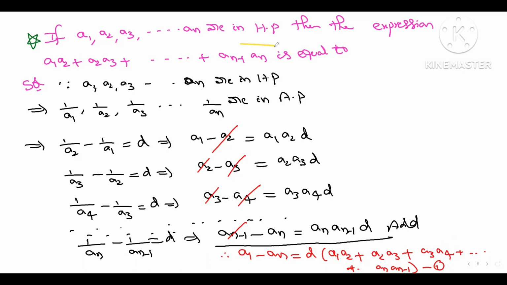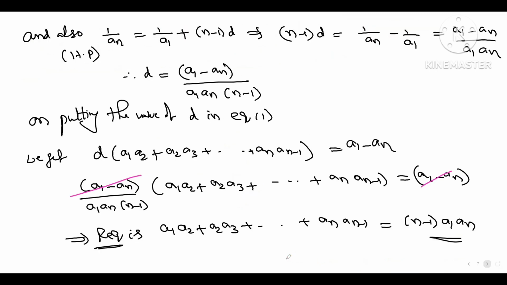What is required here? This part is required: A1 A2 plus A2 A3 plus and so on An minus 1 An. So the right side part is required. This is the left side. Okay, so this part is required.